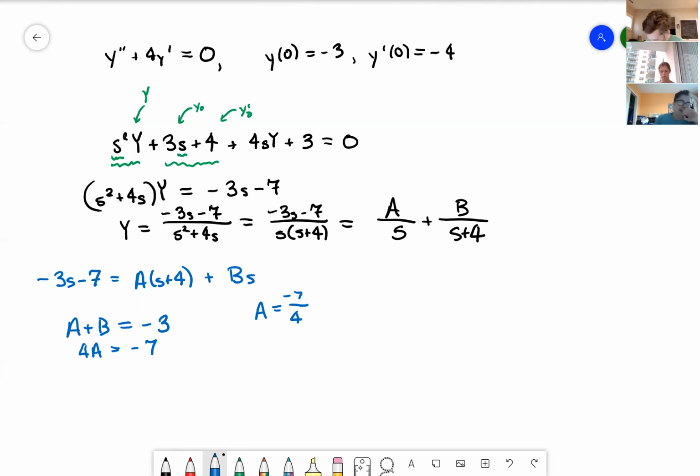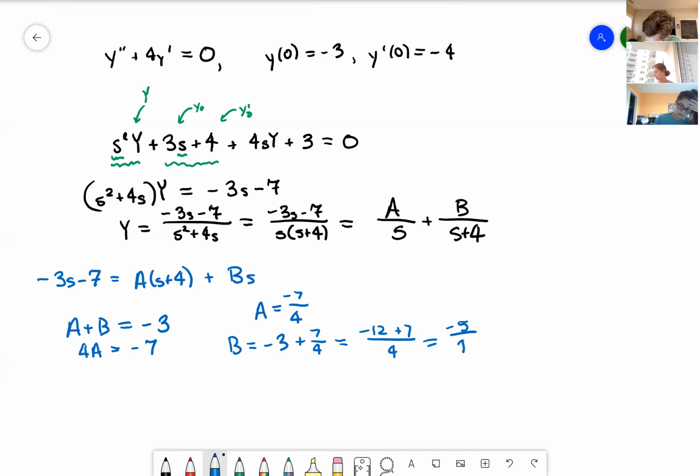And B is just -3 minus -7/4, plus 7/4. And this is equal to -12 plus 7 over 4, which is, does that work out to be nice? No, of course not.